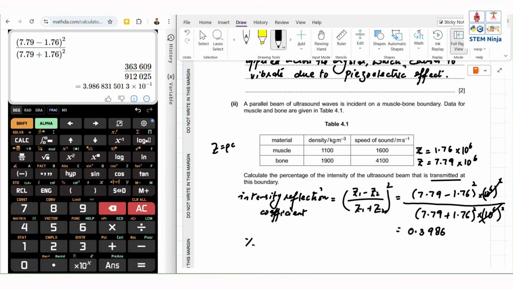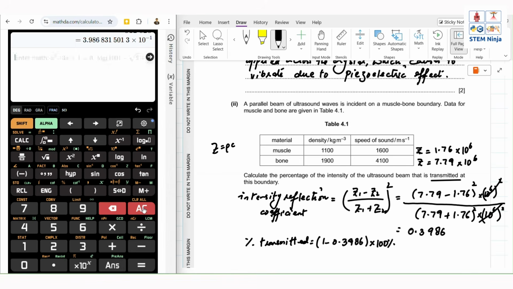So the percentage transmitted would be 1 minus 0.3986, times 100%. So 1 minus the answer, times 100. This is roughly about 60%.